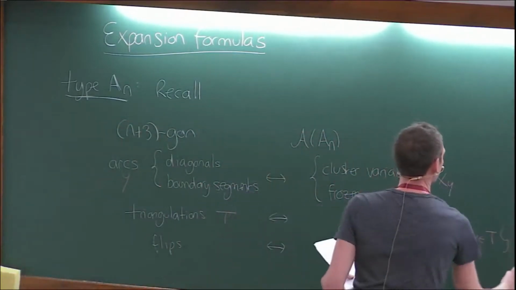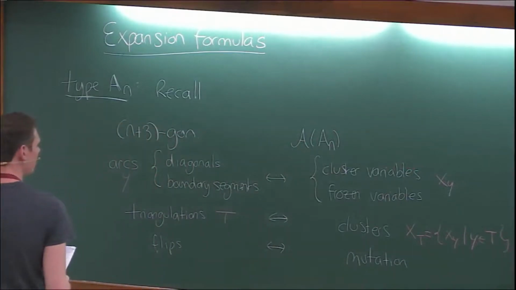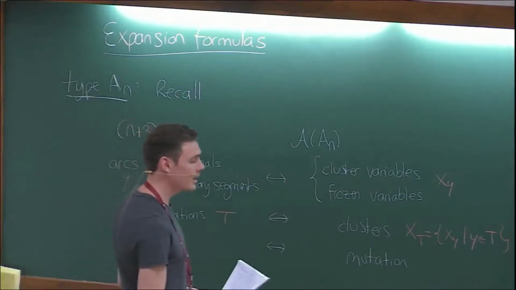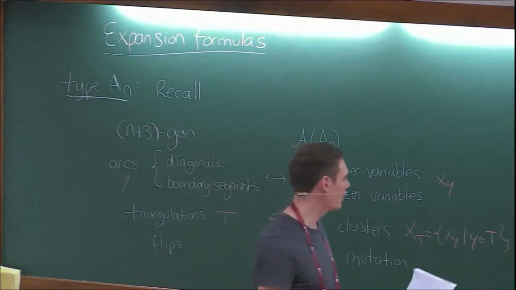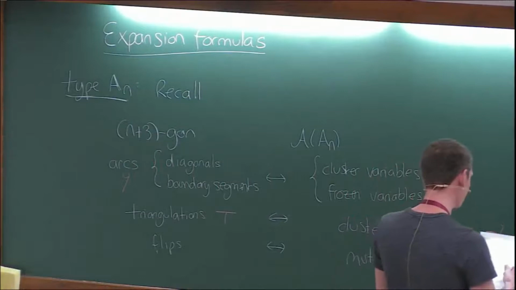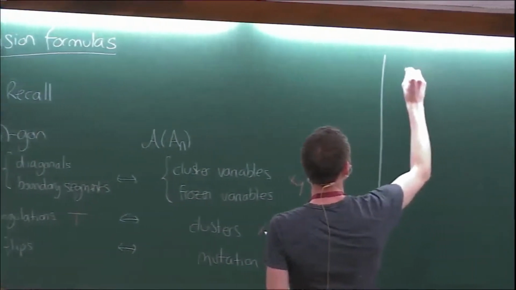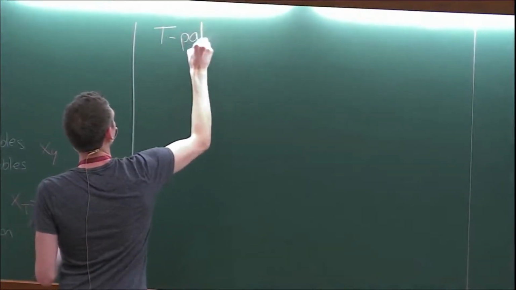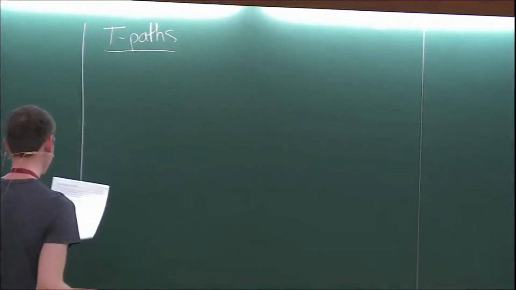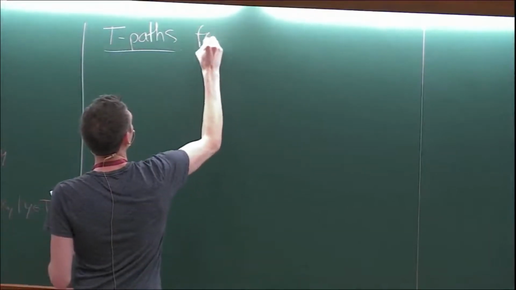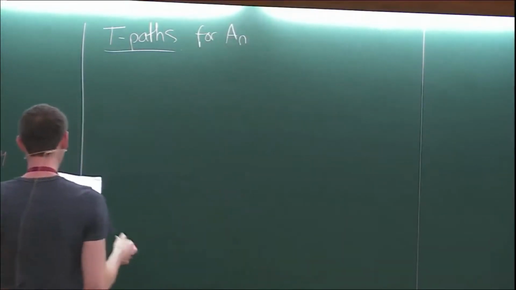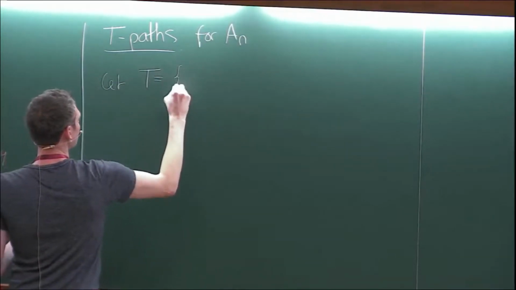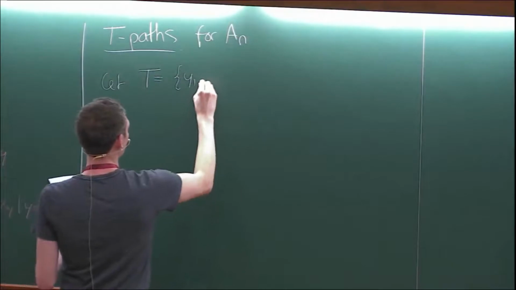Okay. And at this stage, you really should be thinking of our triangulation as some initial cluster, right? We're going to fix some initial cluster T. For type AN, let's fix some triangulation, which will act as our initial cluster.